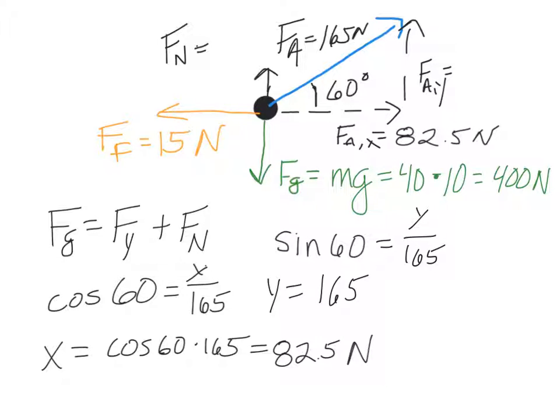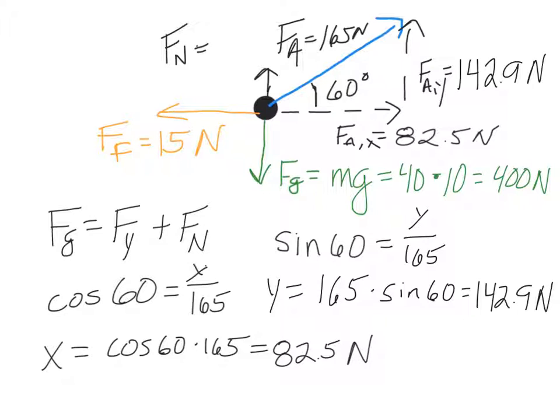So 165 times sine of 60 equals 142.9 when you punch that into a calculator. So my Y component is 142.9 newtons.